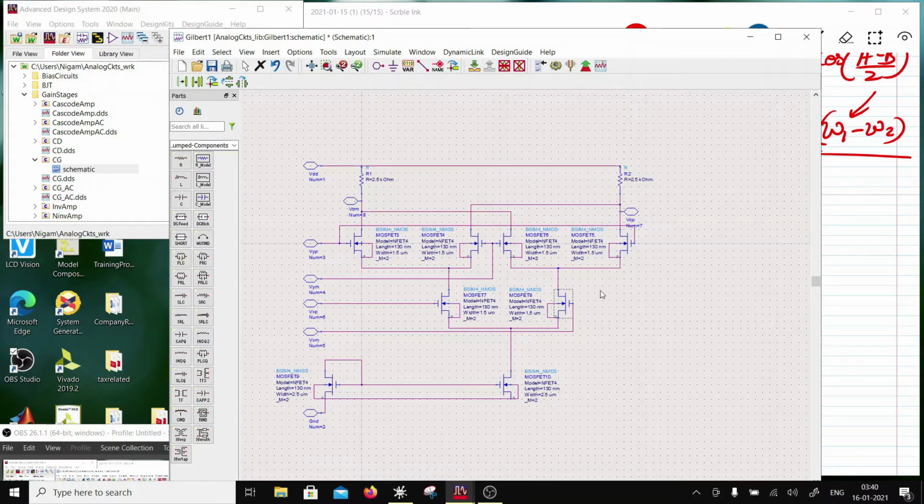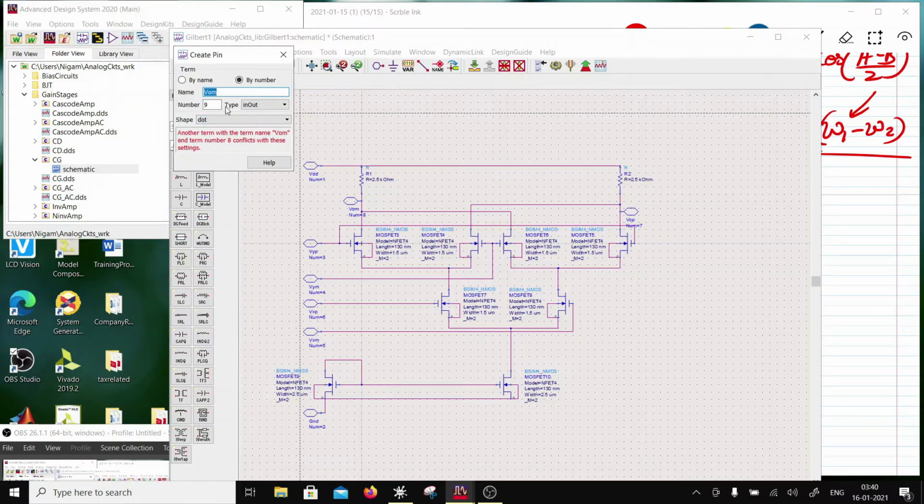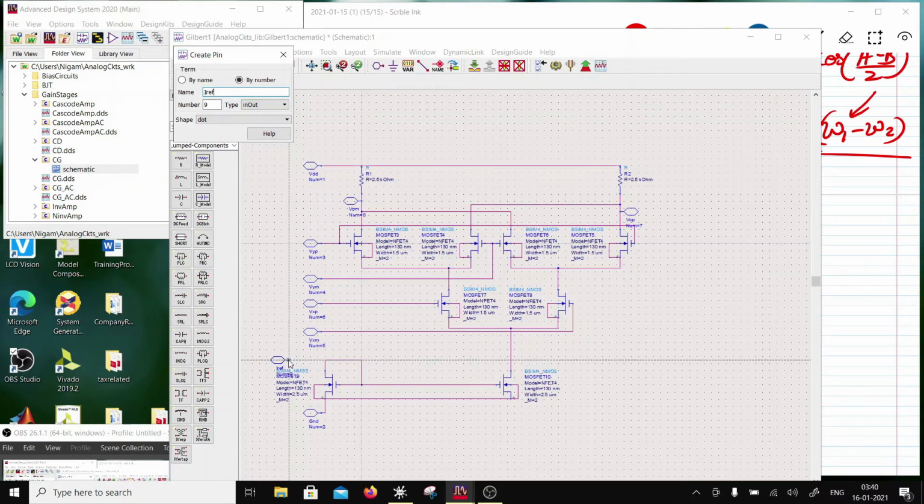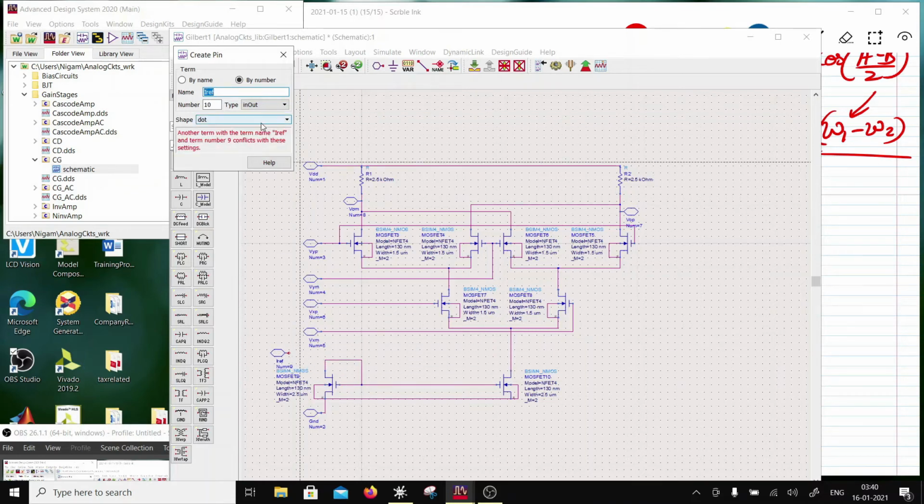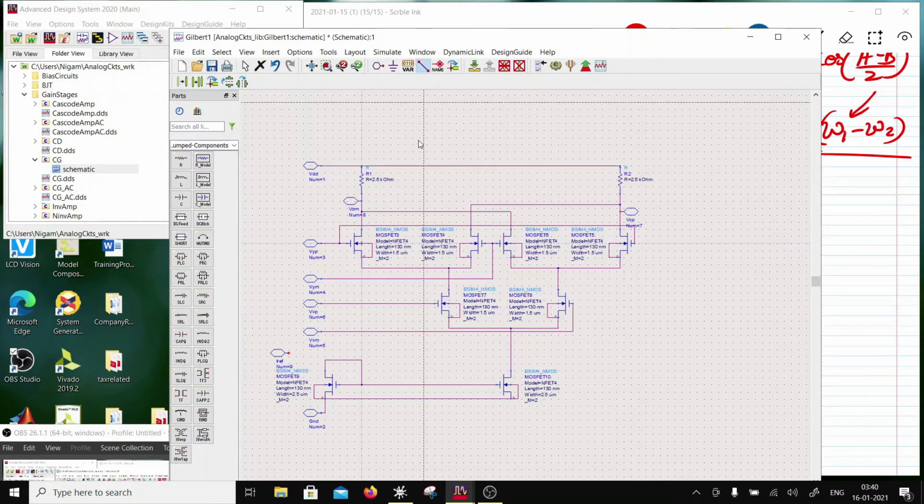The other quantity is going to be IREF here. So this will be IREF. This will be biasing the tail current. This will be providing the tail current. So this is a current mirror for the tail current. So now we are done with the Gilbert cell mixer.